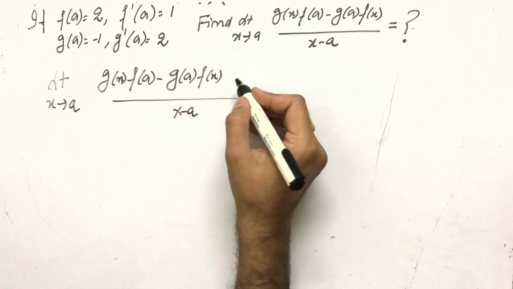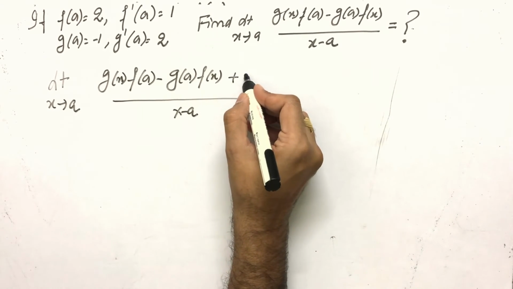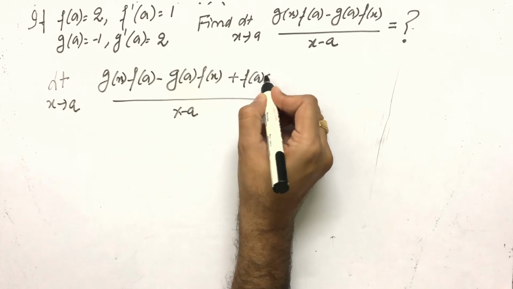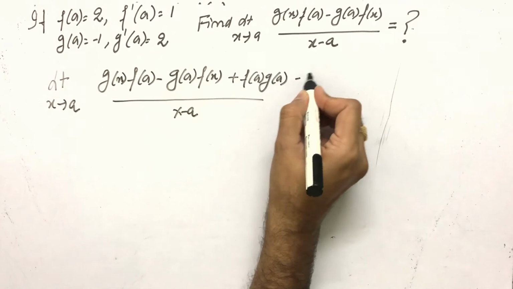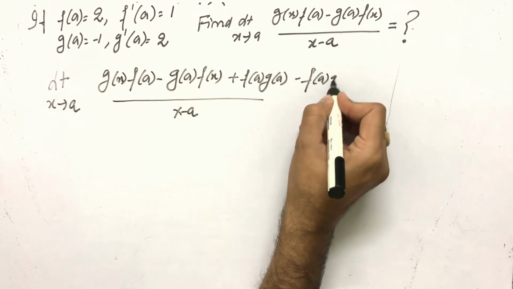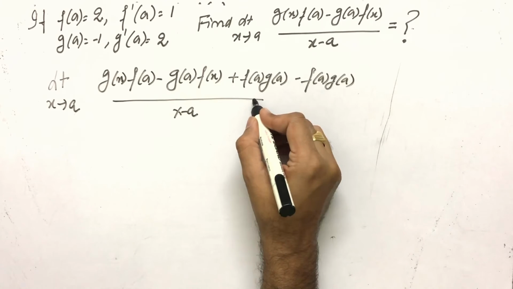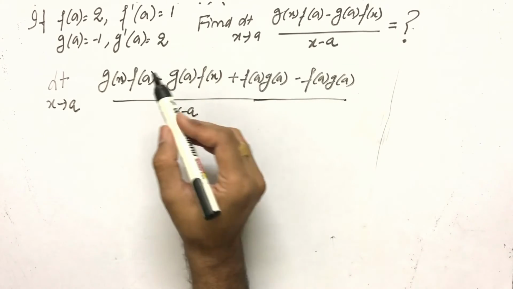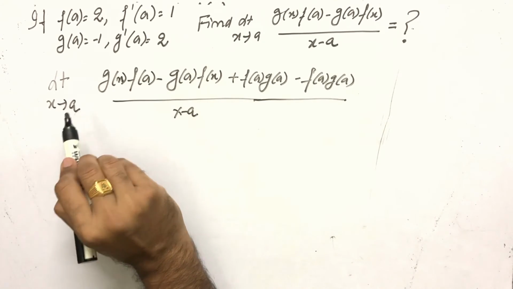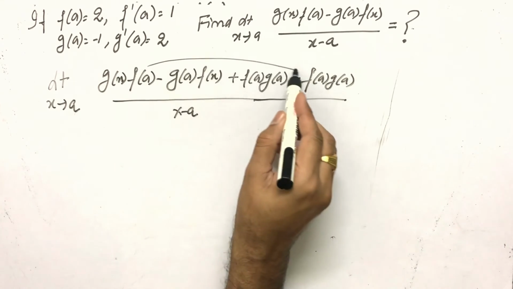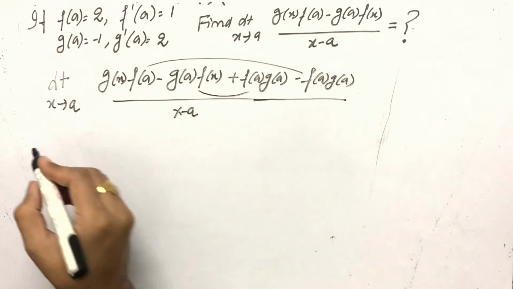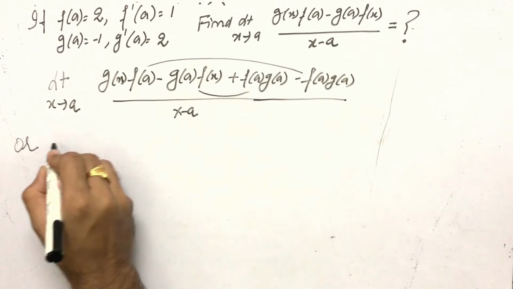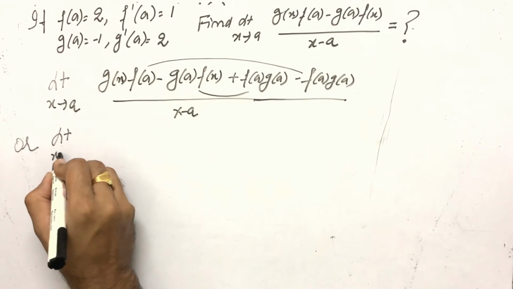So what will we do here? We will add f(a)g(a) and subtract f(a)g(a). We can easily do that. Now, very cleverly, we can combine these two and these two. So we can write limit x tends to a.